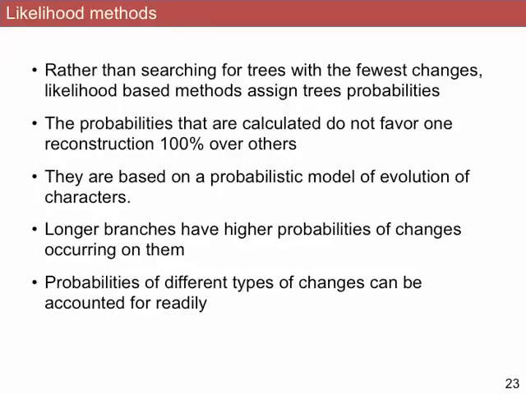What likelihood methods do is much more complicated than what parsimony methods do. So likelihood methods start out with a model. The model is a sort of conceptual mathematical description of how characters change between states. And this model allows you to represent things like transitions being much more likely than transversions.